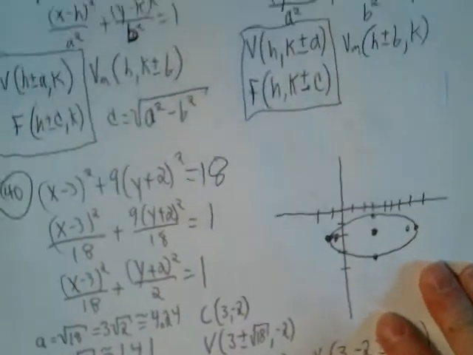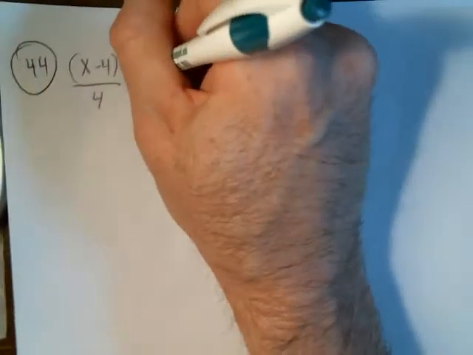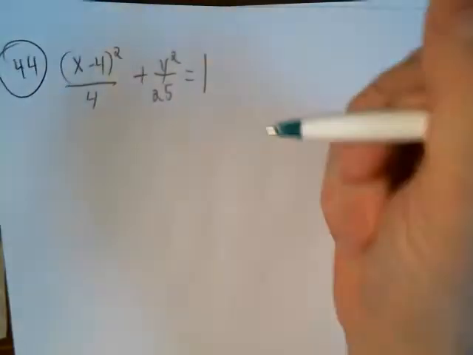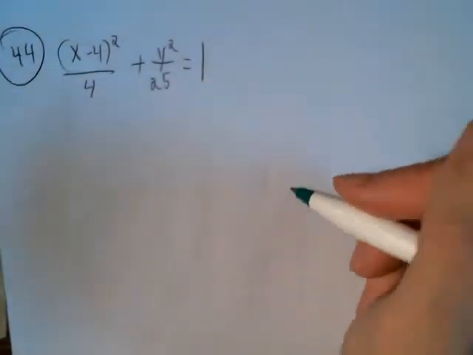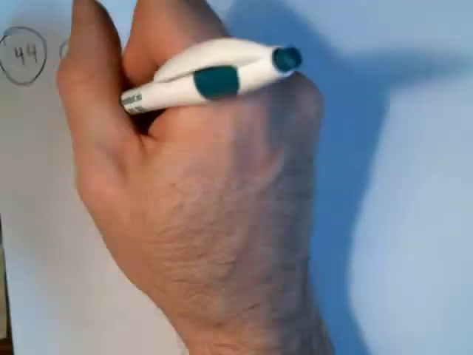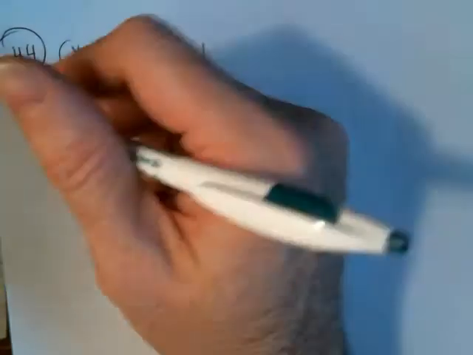Okay, so let's go on to the next problem. This is 44 now. We have x minus 4 squared all over 4 plus y squared over 25 equals 1. Okay, so the a value this time is with the y coordinate.